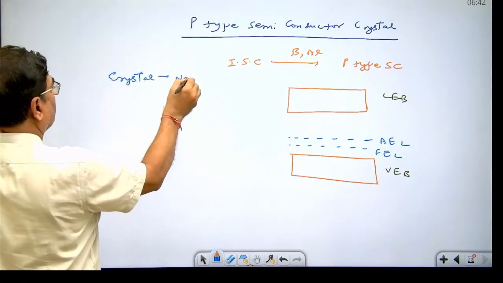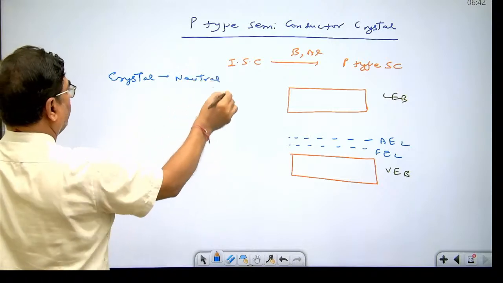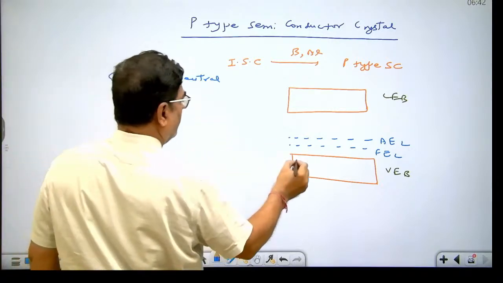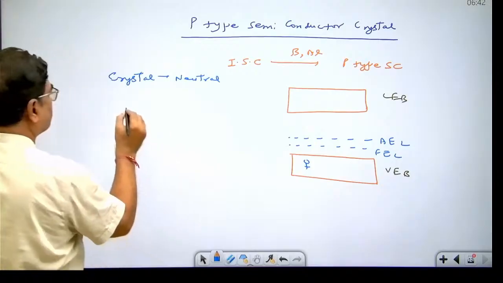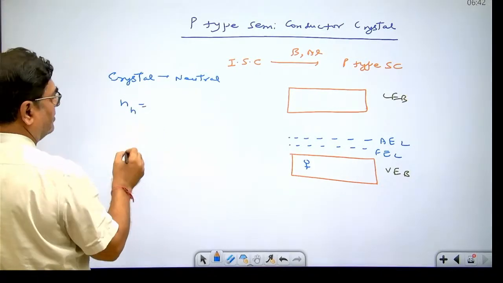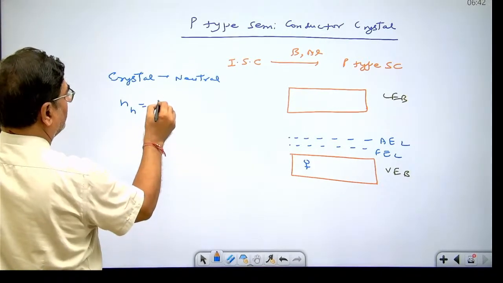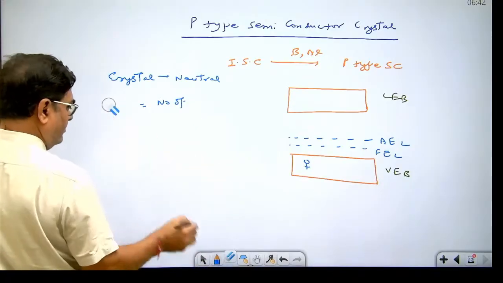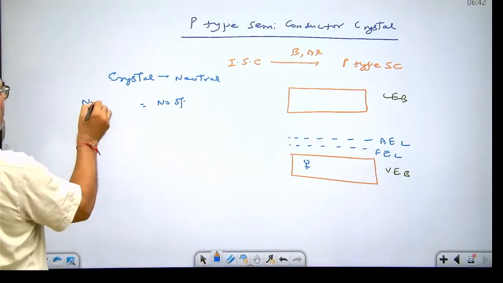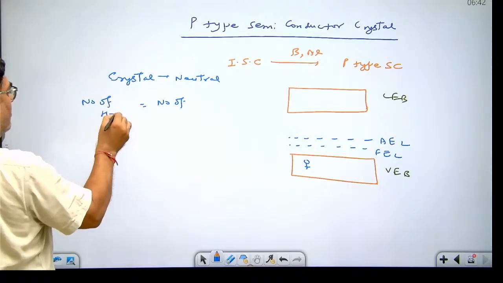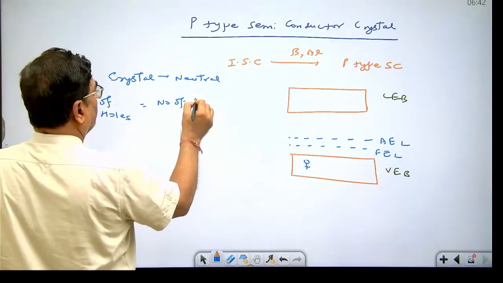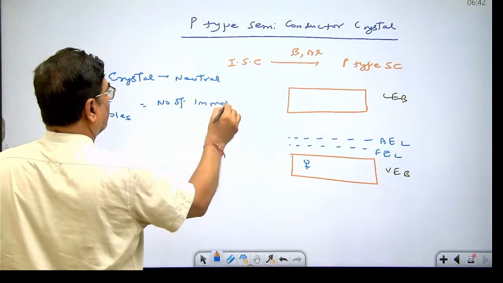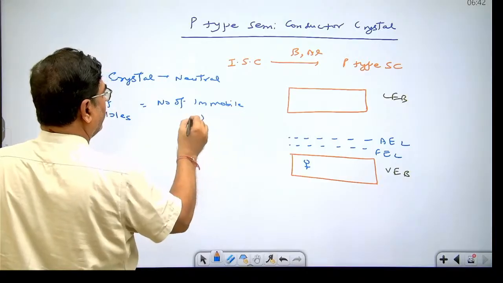The crystal is neutral. Why neutral? Because the number of holes is equal to the number of immobile negative ions.